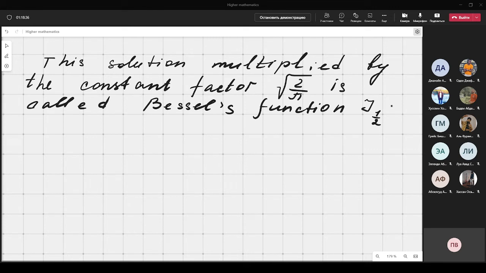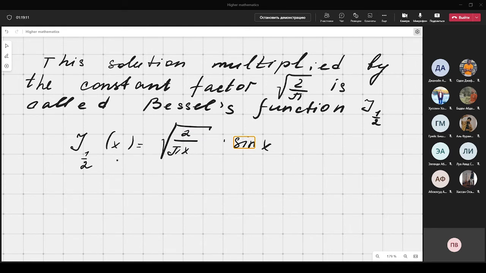We know that the bracket contains a series whose sum is equal to sine of x. J with lower index 1 over 2 of x is square root of 2 over pi x times sine of x.